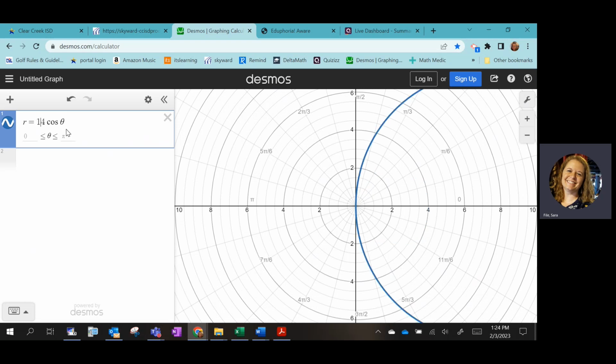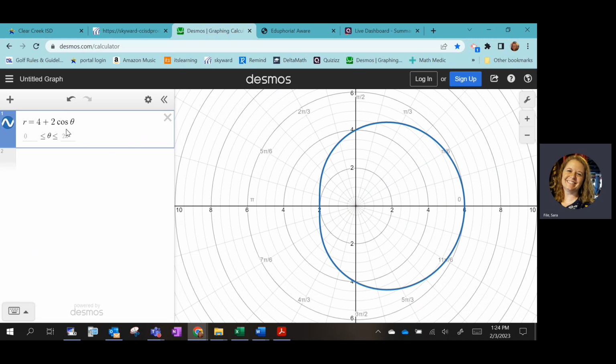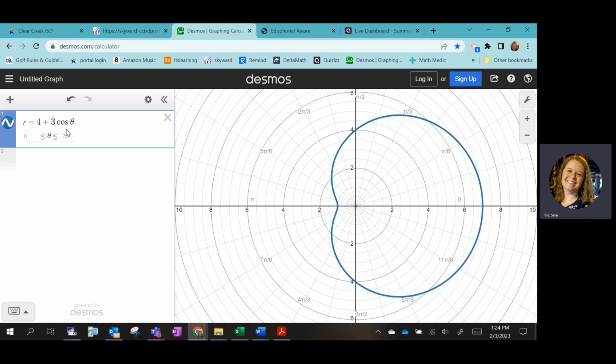If I put 1 plus in front, now it's an inner loop. If I changed it here, now it's dimpled, or excuse me, that one's convex, to make it dimpled there. You'll see? So y'all can graph your different curves in Desmos on the polar grid. It just won't let you plot individual points.